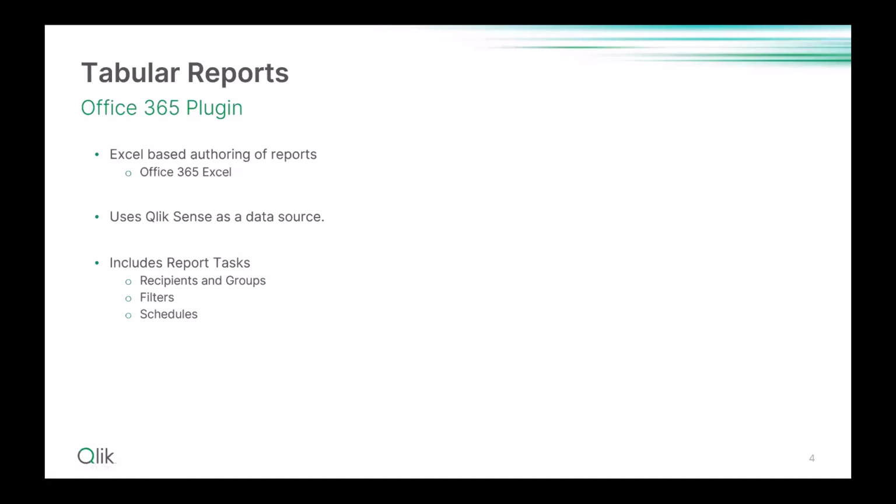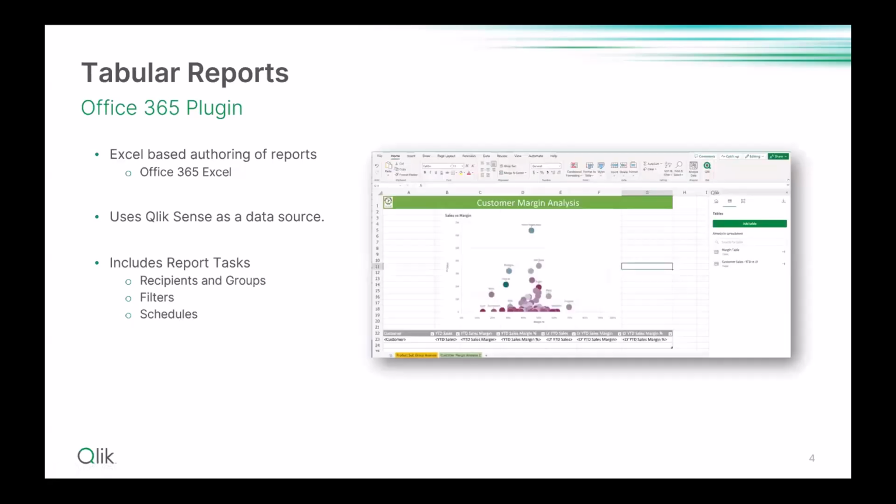That includes defining recipients and groups, adding filters either for the whole task or just for individual recipients, and scheduling options. And of course, this is all wrapped by an API so that you can automate and integrate into your environment however you wish. Because it has these three key elements, we're calling it a full-fledged reporting offering now in Qlik Cloud.